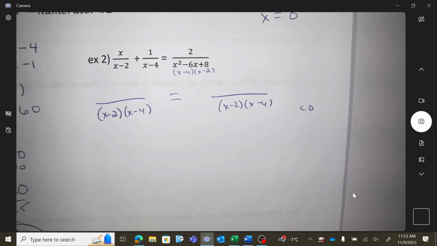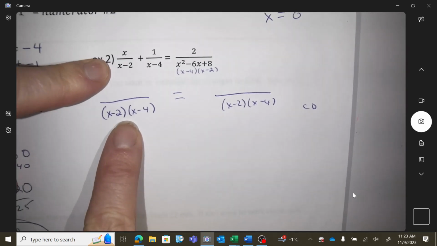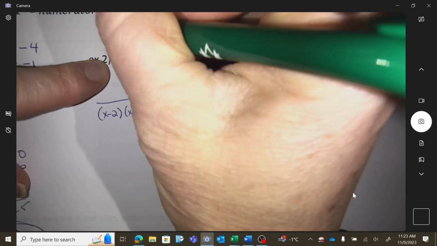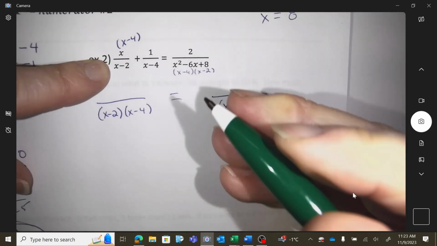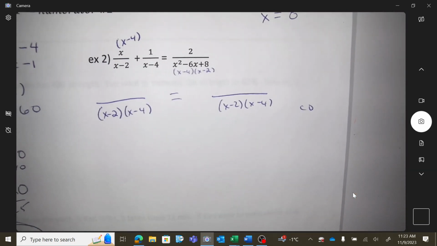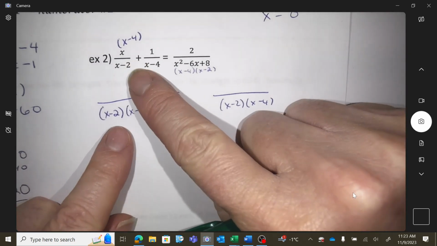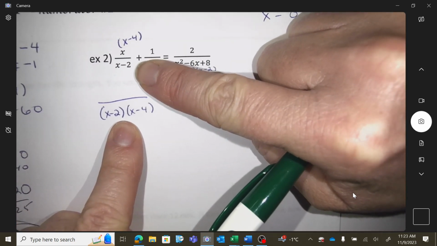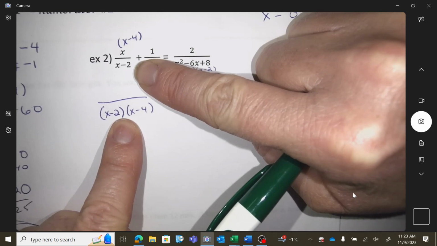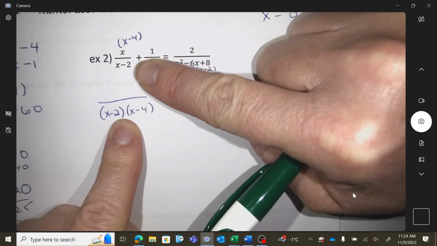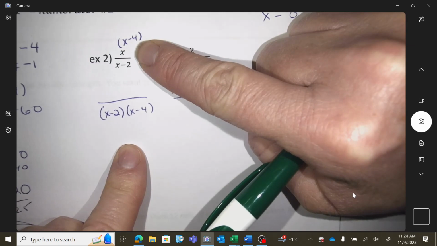First fraction, what happened to it? It's different. So from here to here, it got multiplied by x minus 4, right? You see it. So there to there got multiplied by x minus 4. So I'm going to do that to the top.